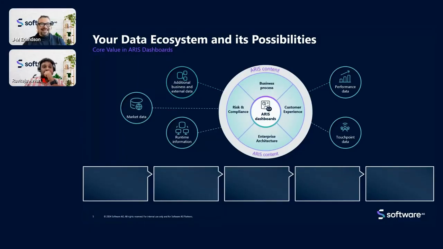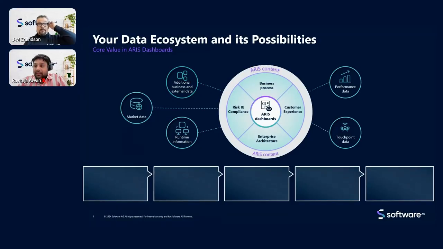All of that exists within your ecosystem inside the ARIS platform already, part of the repository, captured as you model, analyze, and collaborate. Now, adjunct to that is all the additional information your business already captures.